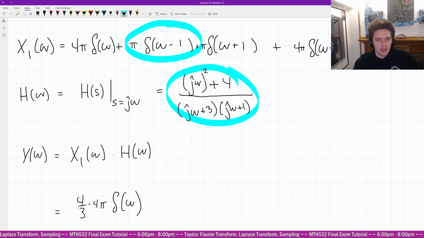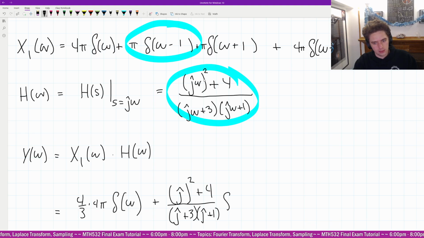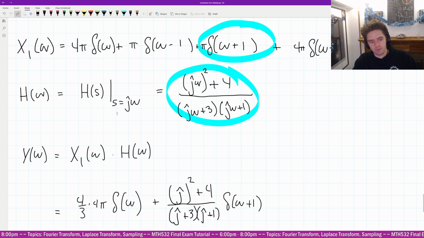So it's going to be j squared plus 4 over j plus 3, j plus 1, delta omega minus 1. We can simplify it a little bit in a second, but that's it for now.